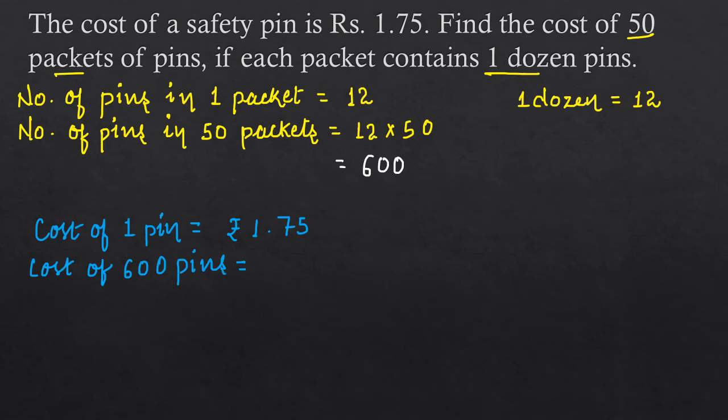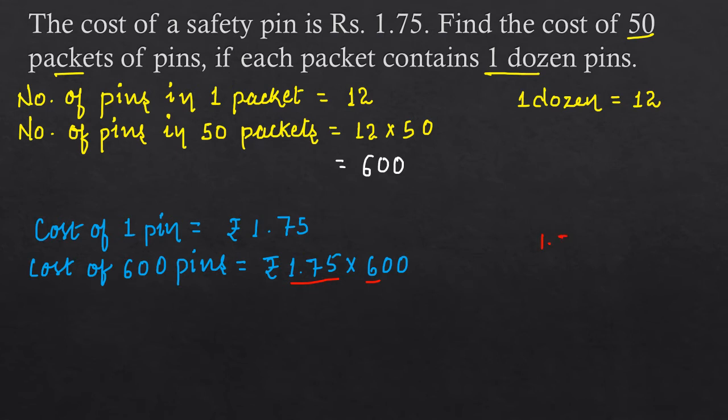So cost of 600 pins will be rupees 1.75 multiplied by 600. So what we have to do here, we will take 1.75 and multiply it by 6. Then after we will put two zeros at the last places.